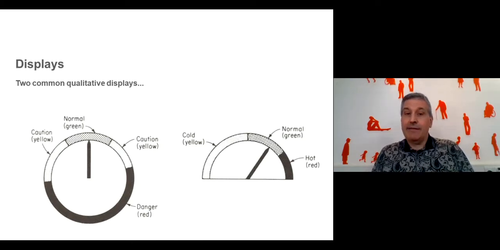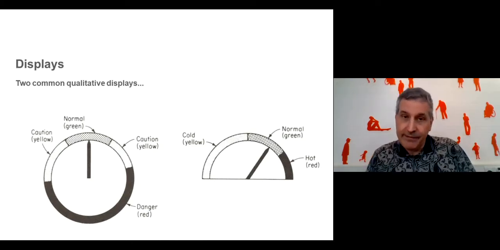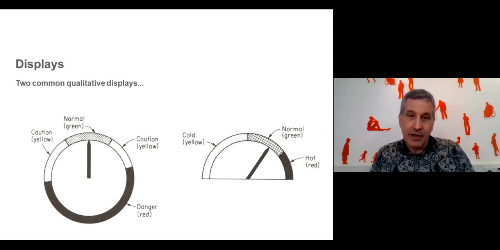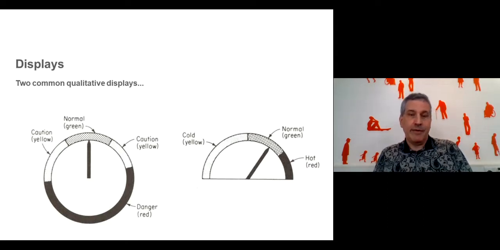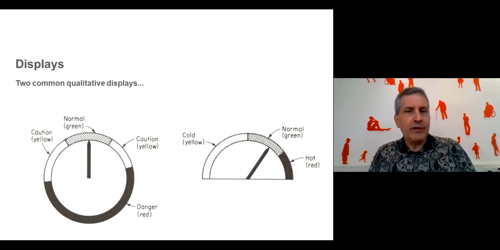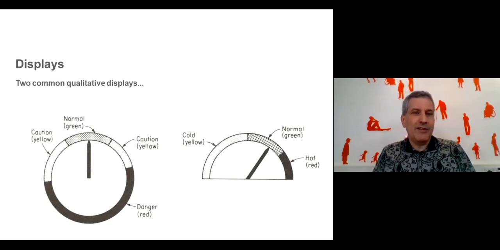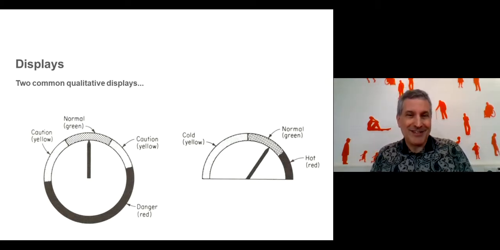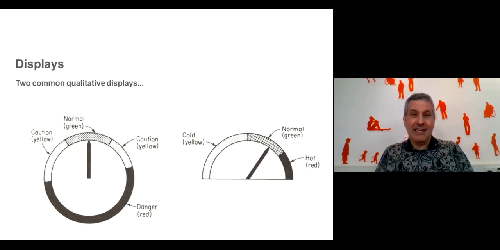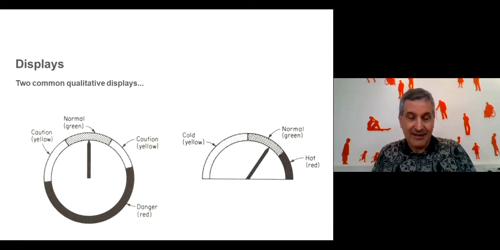Instead, qualitative displays follow a different logic, and we're not so concerned about the numbers. Are you really worried when you're driving your car whether the coolant temperature in the engine is 100 degrees centigrade or 90 degrees centigrade or 60 degrees centigrade?